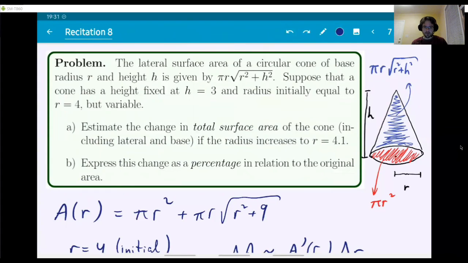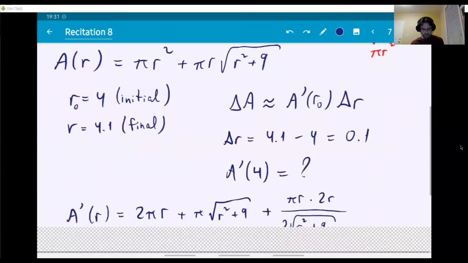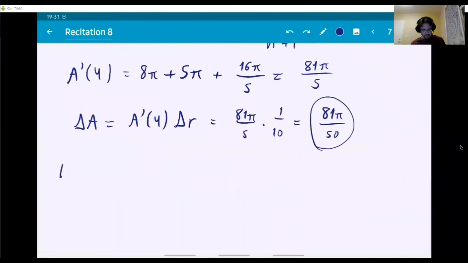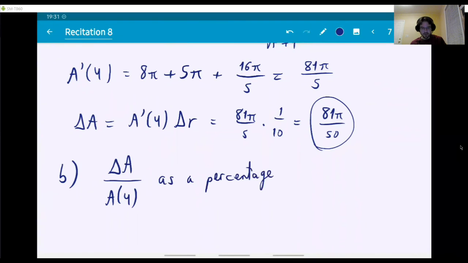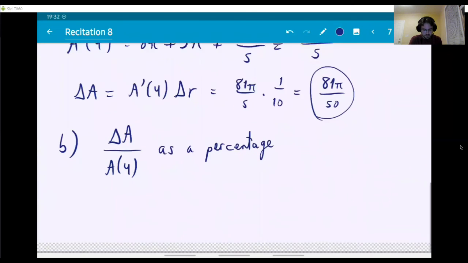What they are asking for is to express how much the change is compared to the original value of the area as a percentage, which is usually going to be a very small number when you are just estimating things by linear approximation, because the change is always small. So this is what they're asking.